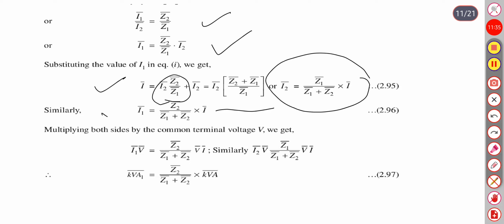So I1 will be Z2 upon (Z1 plus Z2) into I. Multiplying both sides by the common terminal voltage V, we will get VA, meaning the volt ampere capacity of the transformer. So the capacity of the first transformer will be kVA1 equals Z2 upon (Z1 plus Z2) into total kVA.